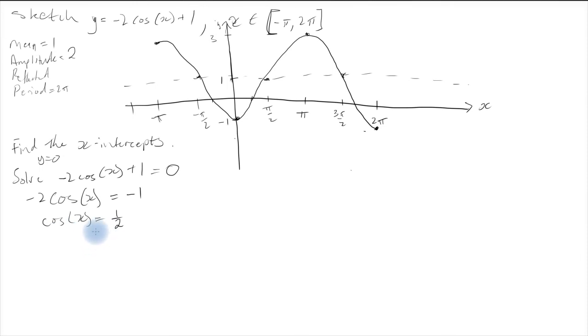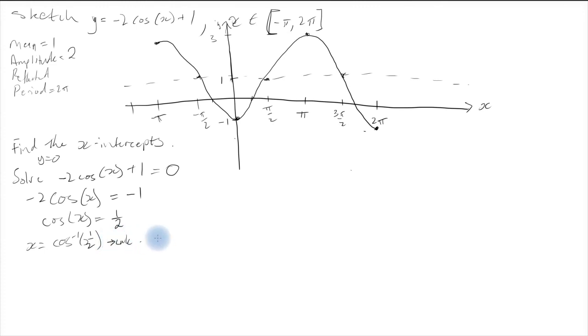First I can find my first one by doing the inverse of cos. Just make a note that to find the first one, x equals the inverse cosine of 1/2, and I can do that on the calculator.